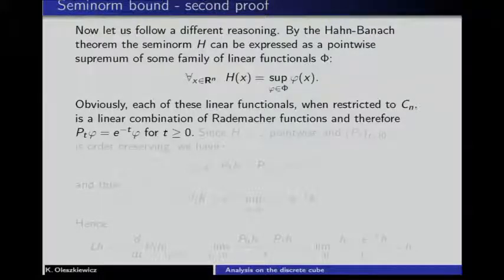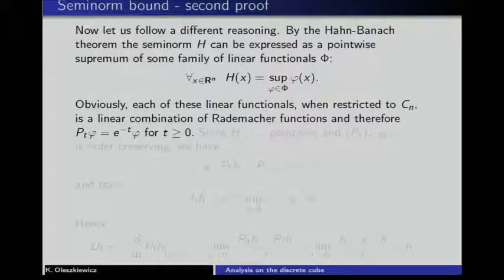Okay, so now for each of these functionals, when we restrict it to the Cn, we get just a linear combination of Rademacher functions, of degree 1 Walsh functions, right? What is a linear functional? It's a linear combination of the things that we have, right? So after restricting to the discrete cube, again it will be a linear combination of coordinate functions, which is exactly the Rademacher sum.